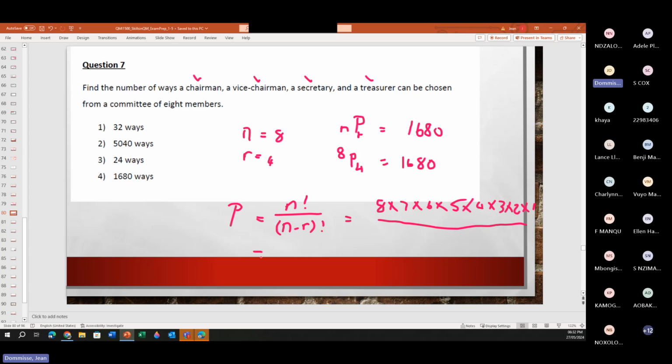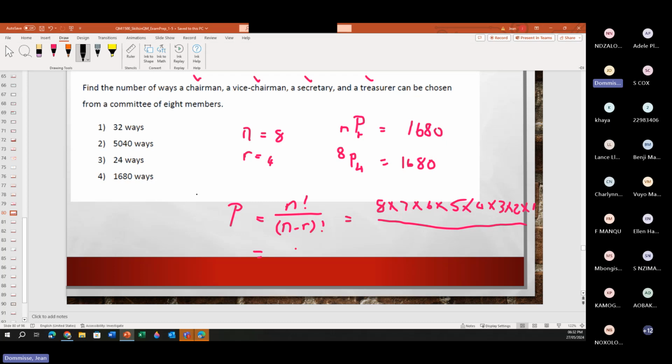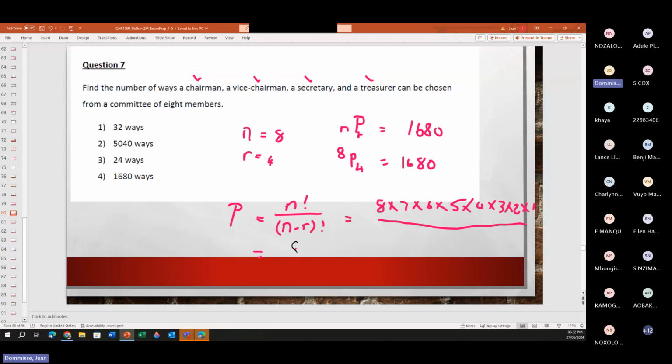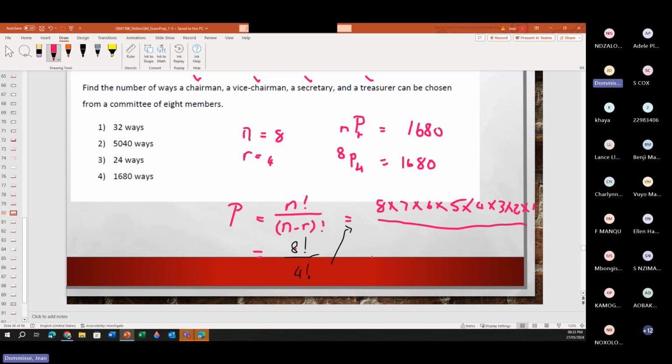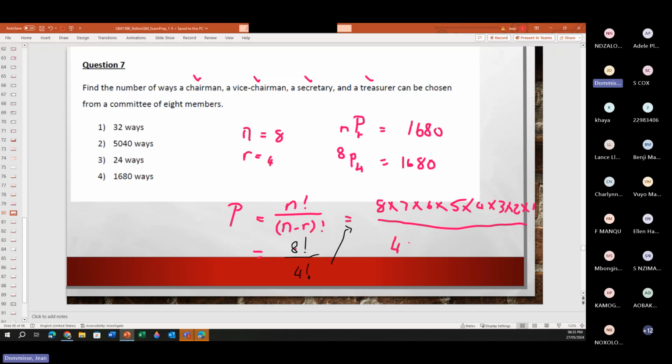So let me write that in. We would have 8 factorial divided by n minus r, so 8 minus 4, which is 4 factorial, which is 4 times 3 times 2 times 1.